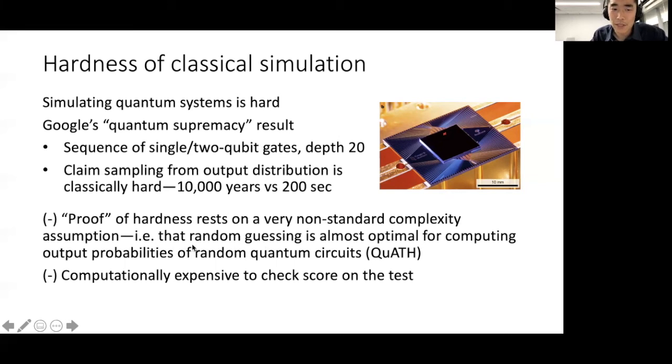This assumption is pretty strong and not a very standard one that we can believe very easily. And furthermore, this task is very computationally expensive to check. So the confidence that you have on whether or not your circuit actually performed the correct thing you wanted it to is going to be hard to verify.